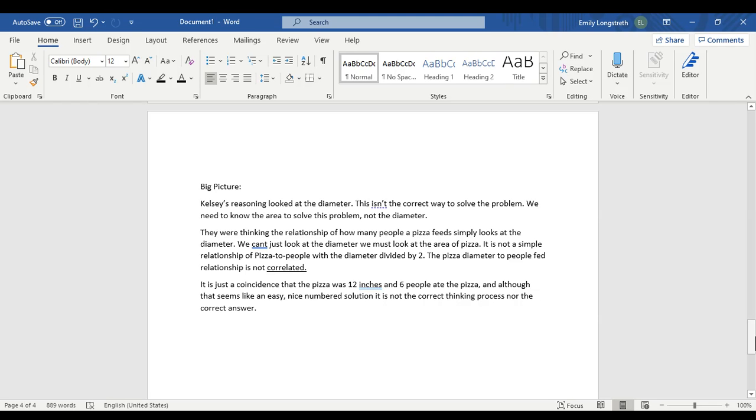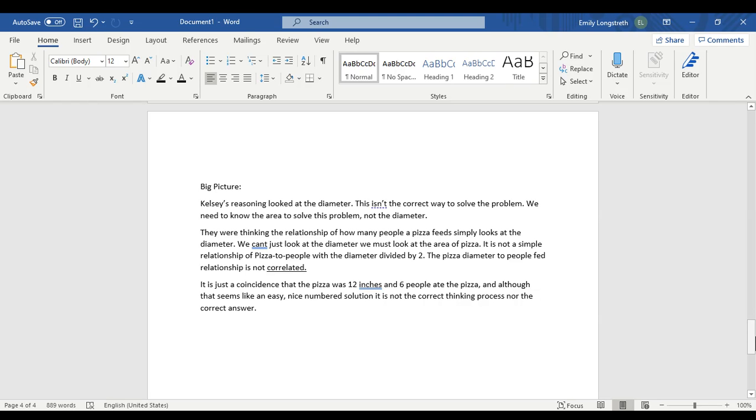But that is not the correct way to solve this problem. They were thinking that the relationship of how many people a pizza feeds correlated to the diameter, and we have to know the area of the pizza to solve how much a person can consume.